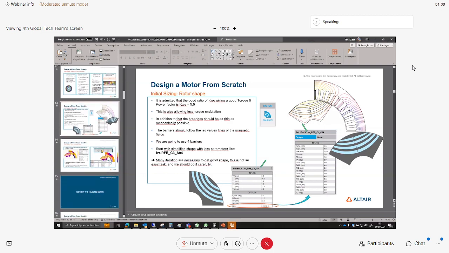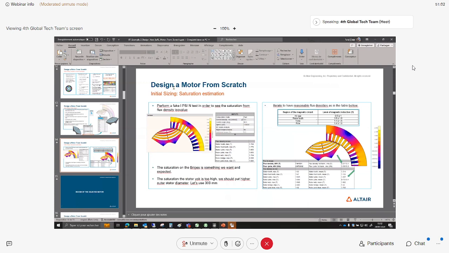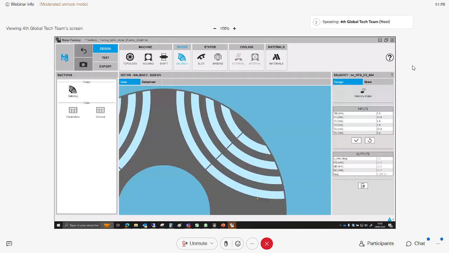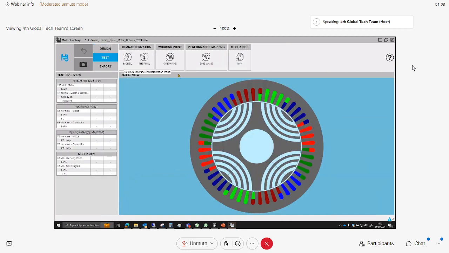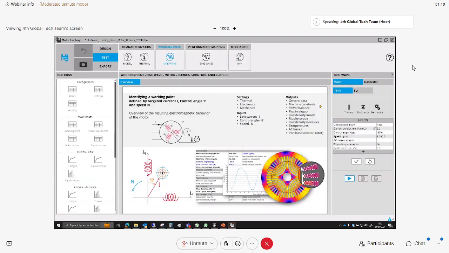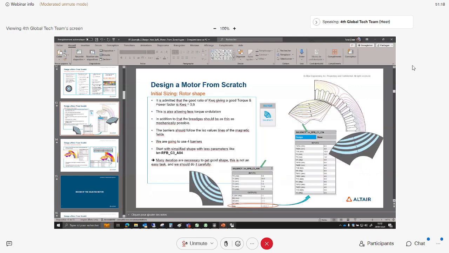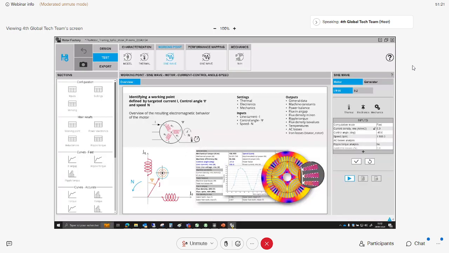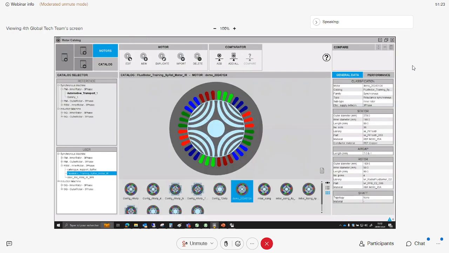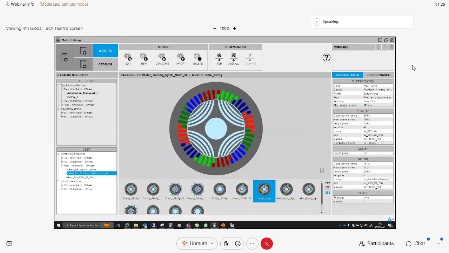Okay, so then once again, to estimate the saturation, one needs to make this fake initial IPCN test in order to see the iso values and the iso lines of your machine. So let me open it.